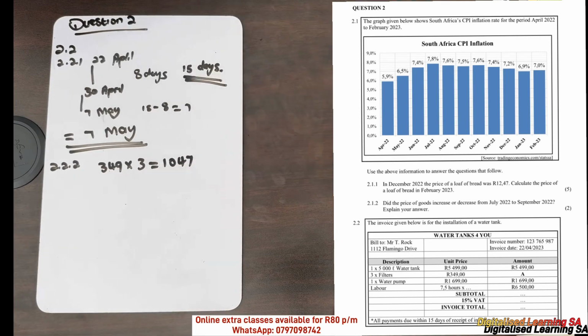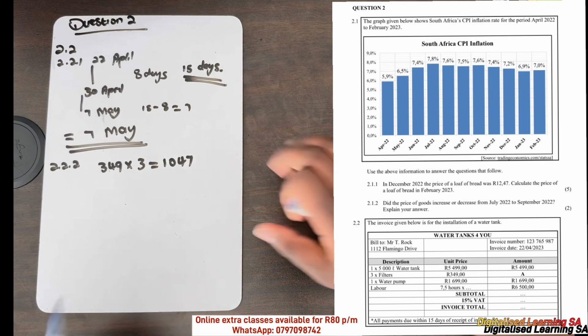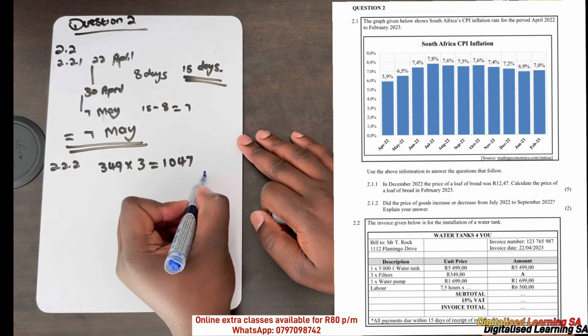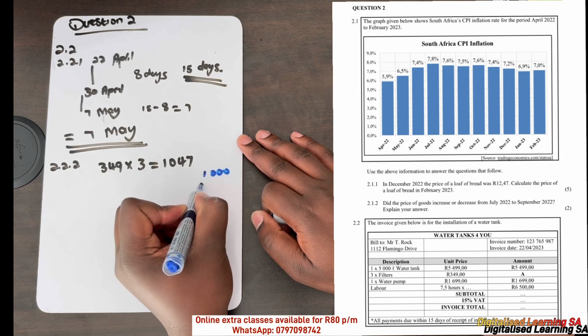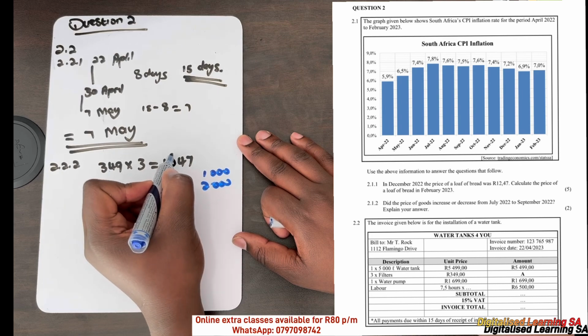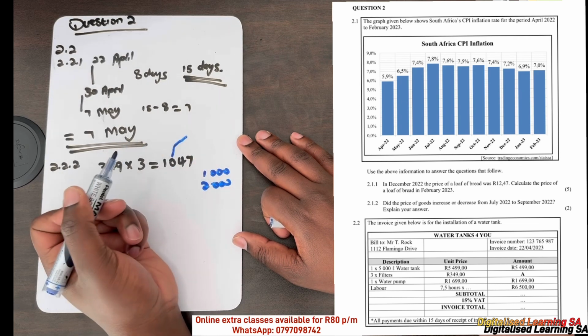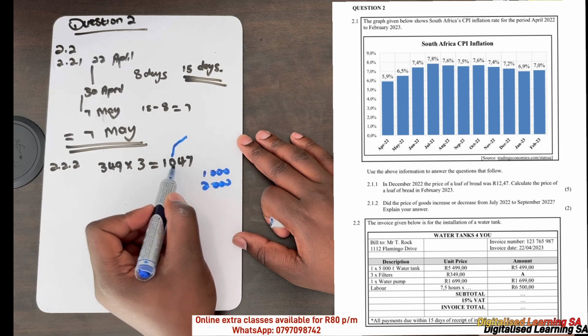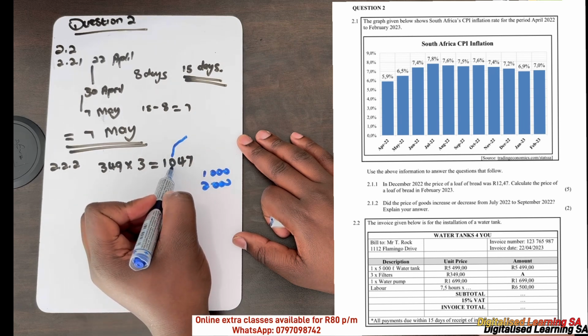1047. In this case we are told to round off our answer to the nearest 1000, meaning that it either needs to be 1000 or 2000. So we check this value here.